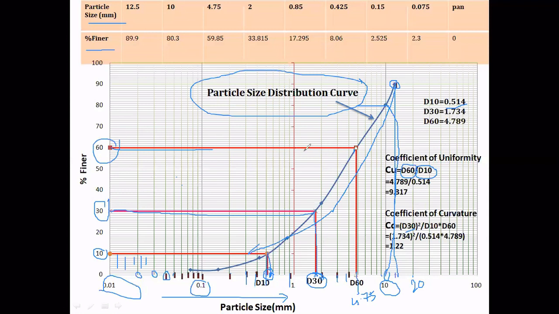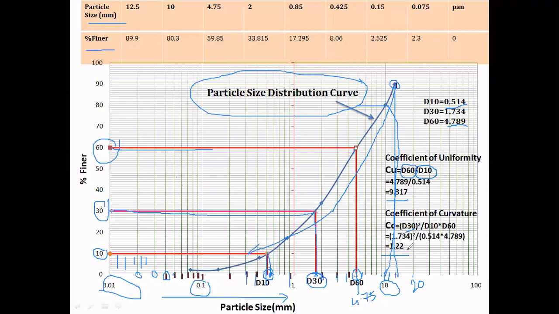Again, mark a horizontal line which cuts this particle size distribution curve, and then from the curve you come downward which cuts on the x-axis, and it will give you the value of d60. So it is 4.78. Now we have d10, d30, d60. Simply put these values in these two parameters, and we will have Cu as 9.317 and Cc as 1.22.